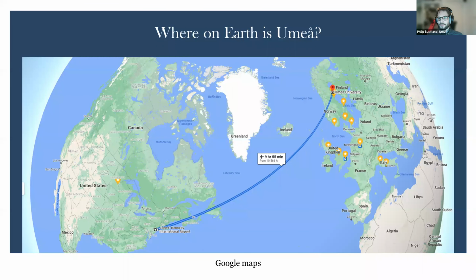And just to let you know where we are, this is Umeå University. Apparently you can fly there in 10 hours. I refuse to believe there's a direct flight from JFK to Umeå. And I know you can get it for cheaper than $1,000, but the Arctic Circle is just above us.